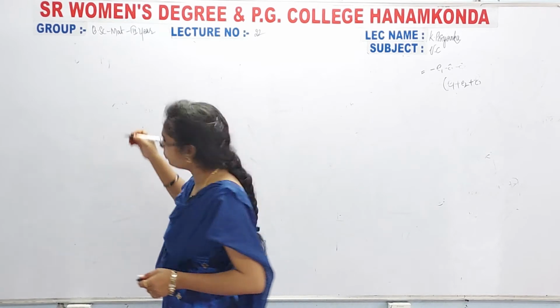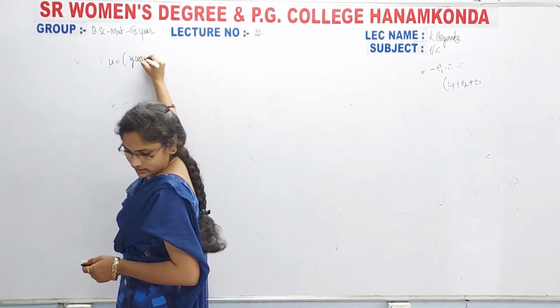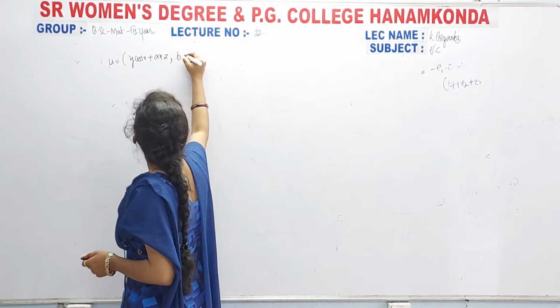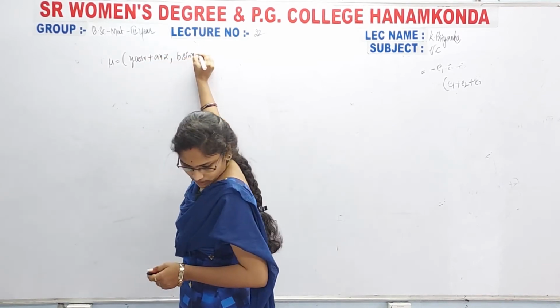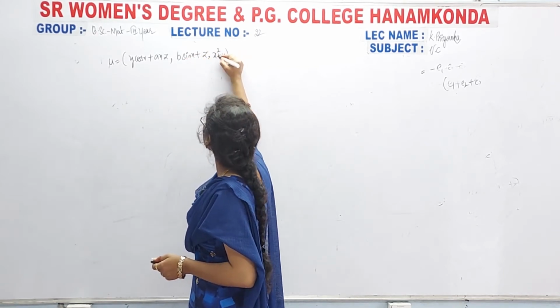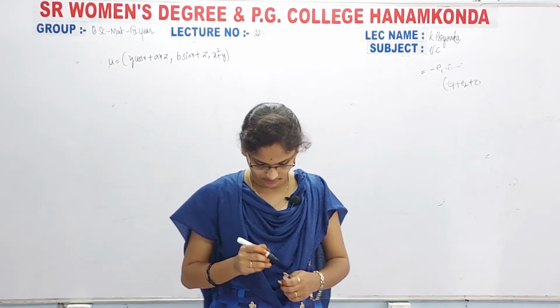of the constants a and b is the vector field u equal to y cos x plus ax z, comma b sin x plus z, comma x square plus y, irrotational.